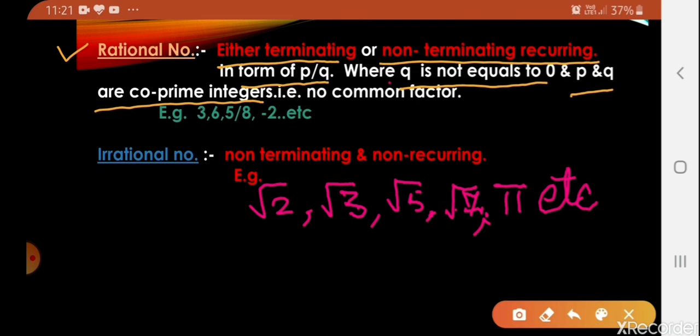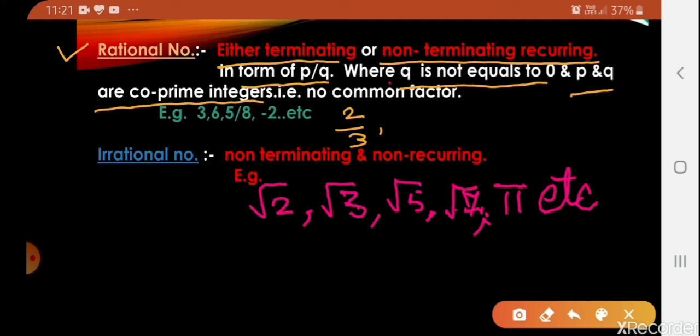What are co-prime integers? Let's take an example, 2 by 3. Here we can see that 3 is not equal to 0. So it's a fractional number. But between 2 and 3, there is no number common between 2 and 3 other than 1.